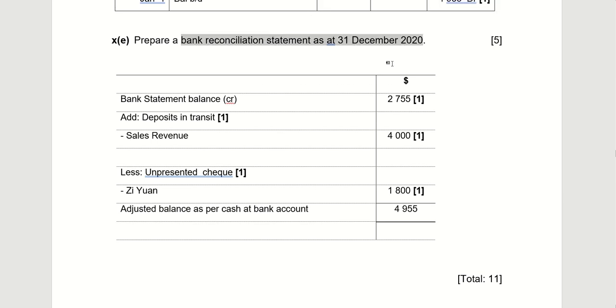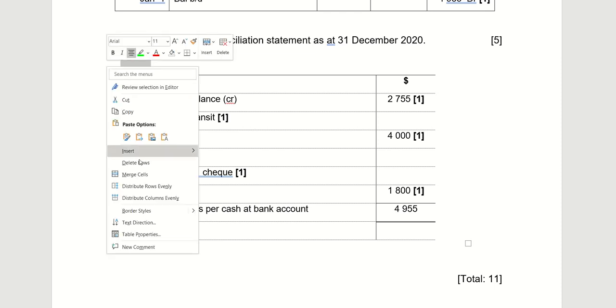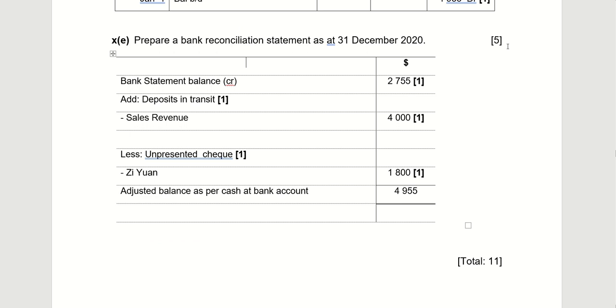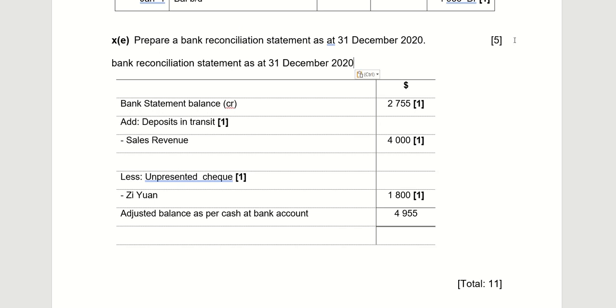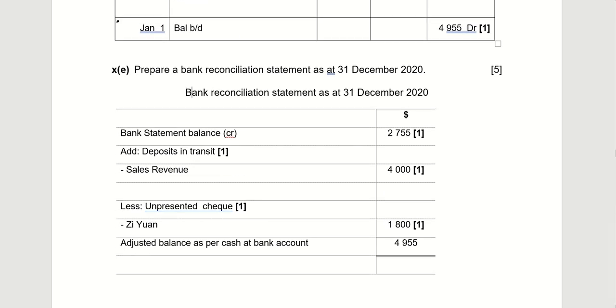When you prepare a bank reconciliation statement, always remember to write the title. So we are going to write the title now, bank reconciliation statement. Okay, so the next step is to prepare this bank reconciliation.